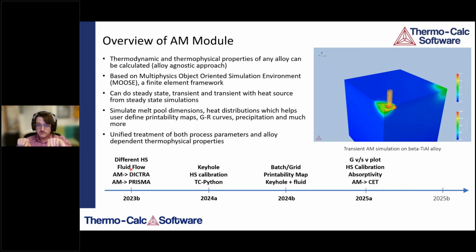That can cause fluid flow to change directions in the melt pool, and that can totally change the penetration depth or the width of the melt pool. That's very critical to capture for certain chemistries. We can also model the keyhole, which I'll talk about later. And then we have ways to generate the printability map or do batch calculations where you can calculate over a large range of powers and speeds, etc.